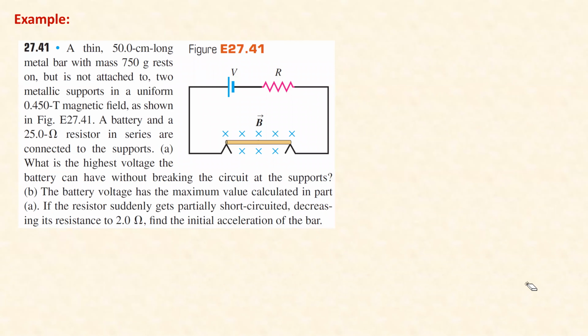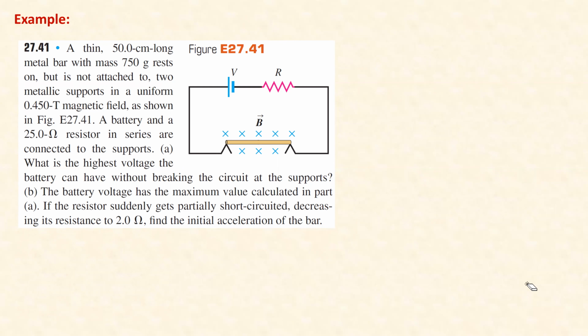A thin 50 centimeter long metal bar with a mass of 750 grams rests on, but is not attached to, two metallic supports in a uniform 0.45 Tesla magnetic field as shown in the figure. A battery and a 25 ohm resistor in series are connected to the supports.